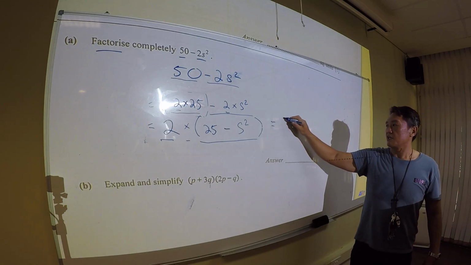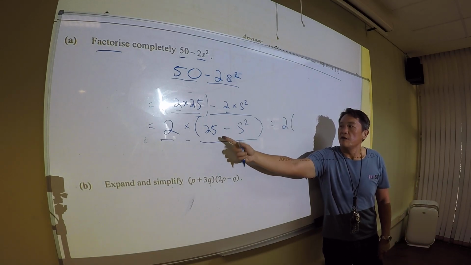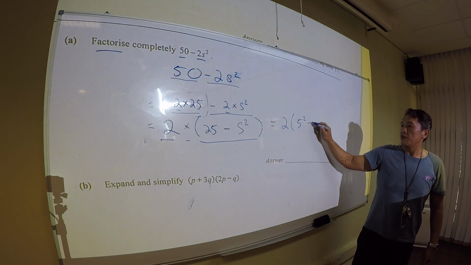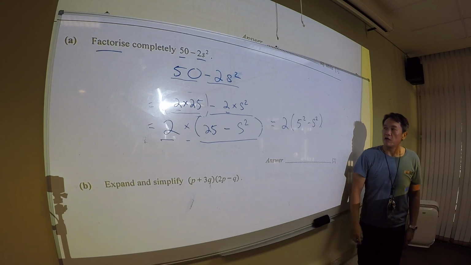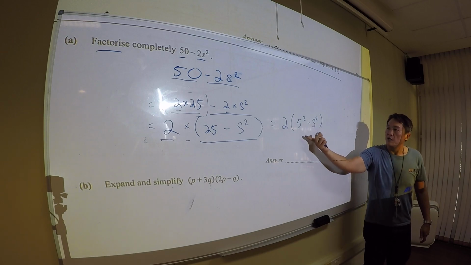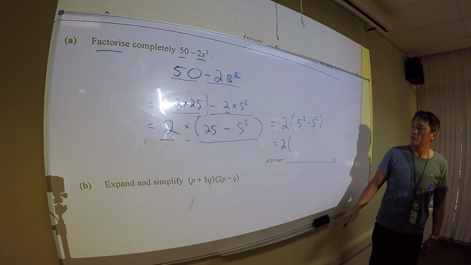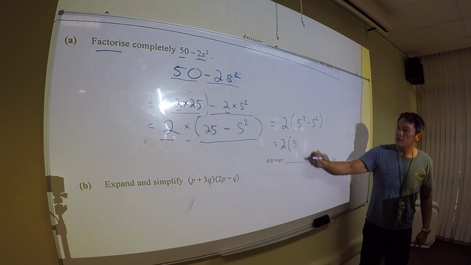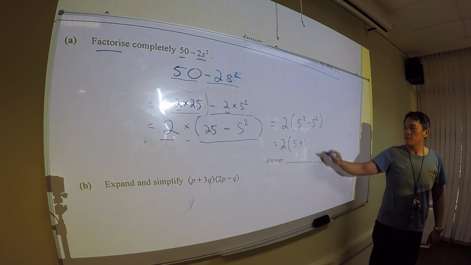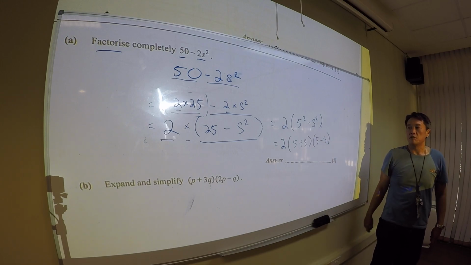But if you want to get the second mark, you have to know this special identity. 25 can be written as 5 squared. 5 squared minus s squared. When there is a difference of perfect squares, this bracket itself can be further factorized into the front number plus the back number, remove the square, and the front number minus the back number.